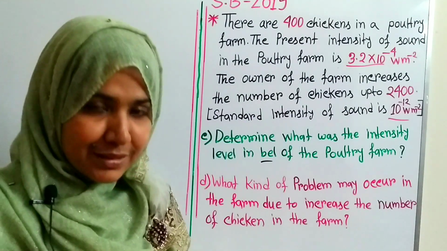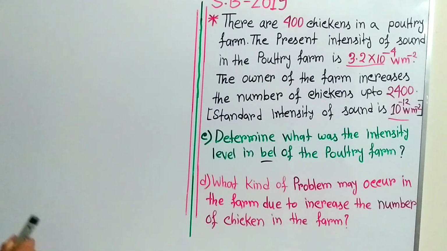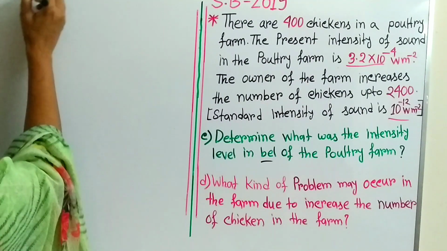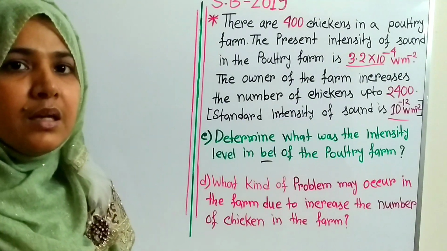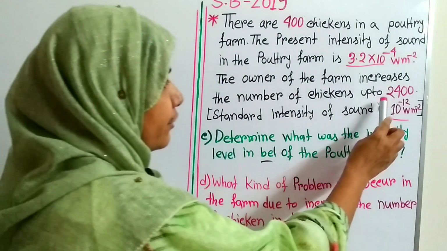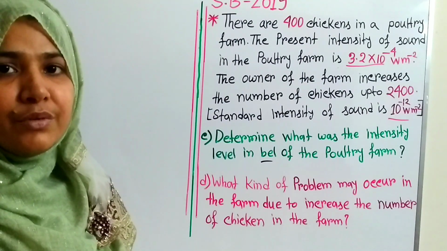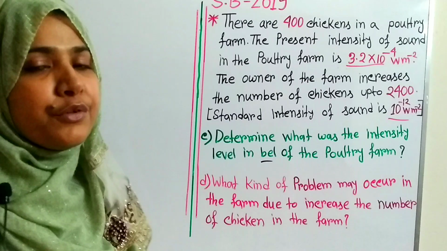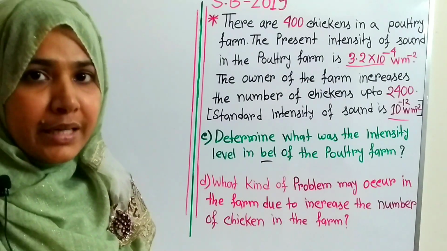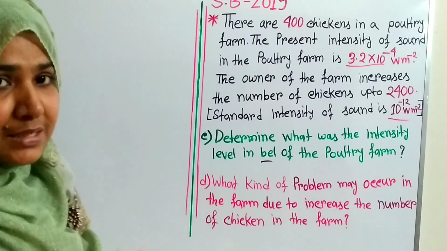So, for question D, if you want to calculate the intensity level for 2400 chicken, firstly we have to know the intensity of 2400 chickens.